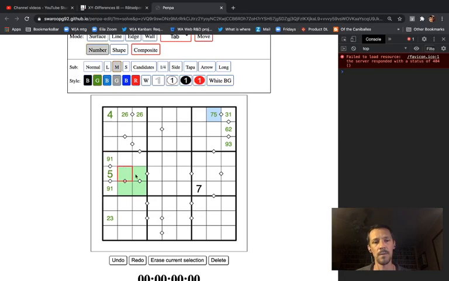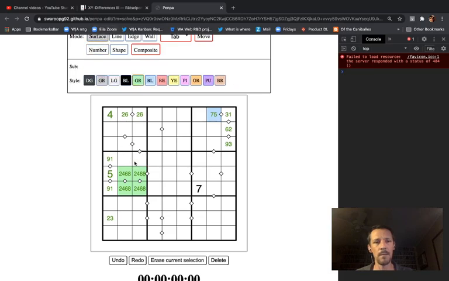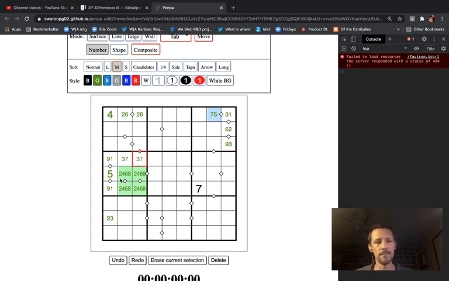Let's actually write them in because we're going to need them there later anyway. So we've used up all the even numbers in this box, and these two are going to be 3 and 7. That's all that's left.